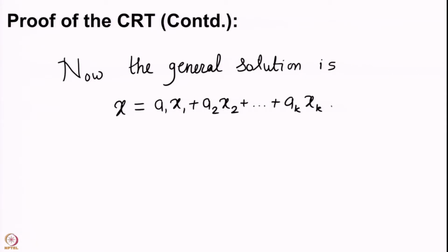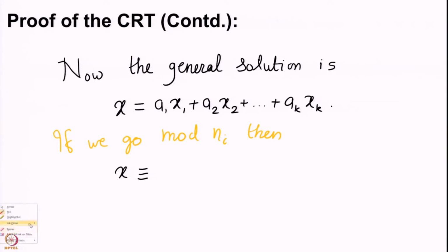So, if you were to look at it modulo any particular ni, so mod ni, x is congruent to, remember mod ni, each of the xi where i is not equal to j is going to give you 0.